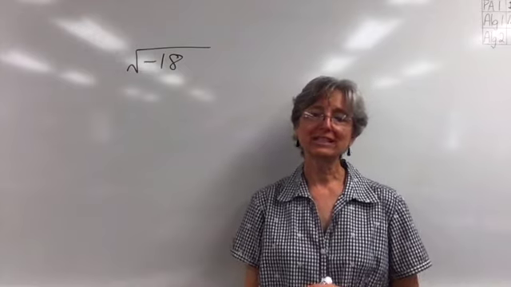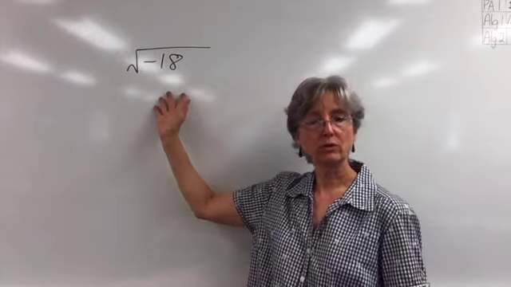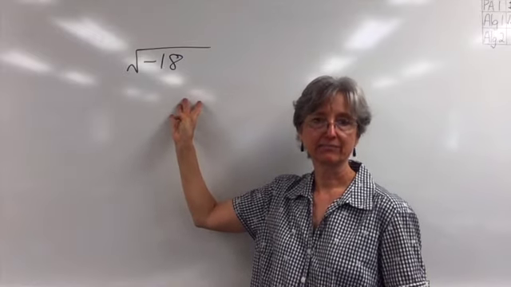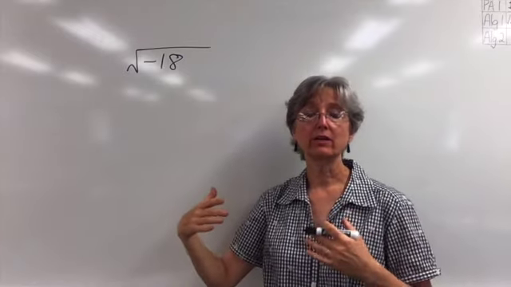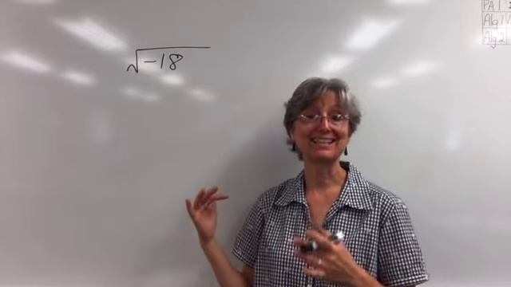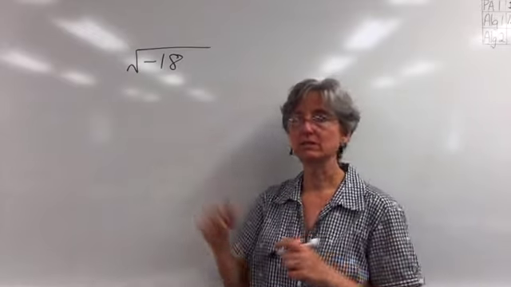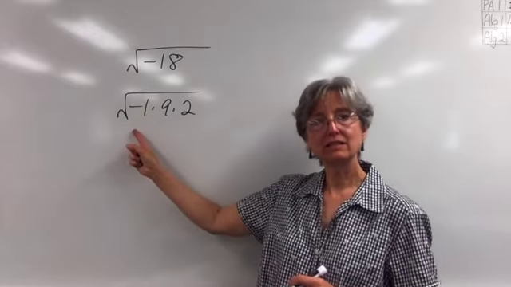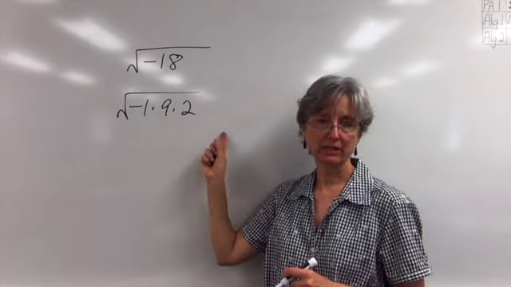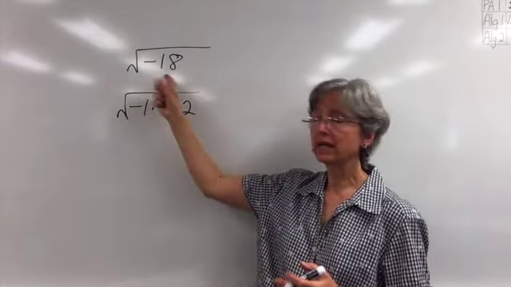All right, the first example in your book is, how do we simplify the square root of -18? So first we want to find out, are there any perfect square factors of 18? And there are. 18 is 9 times 2. So I'm going to show you all 3 factors in this. So we have a negative, we have 9, and we have times 2. 9 times 2 and then -1 because it's -18.